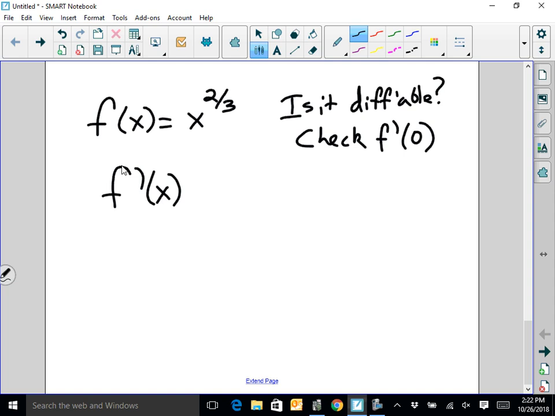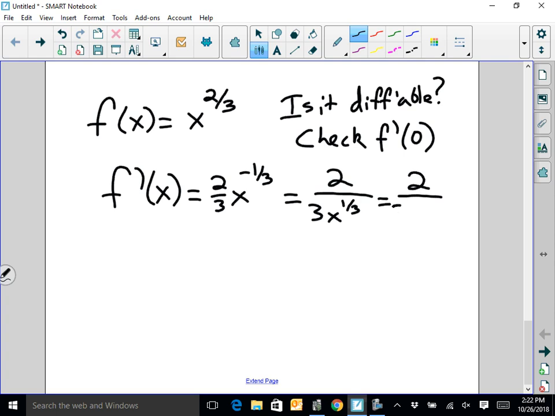So to do the derivative of x to the 2/3, I would get 2/3 x, and I got to reduce the power by 1, which would be negative 1/3. Simplifying this, I would call this 2 over 3x to the 1/3, which I would call 2 over 3 cubed root of x. So let's check out what f prime of 0 is.